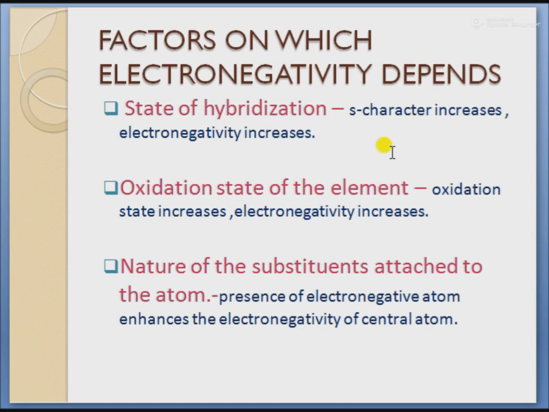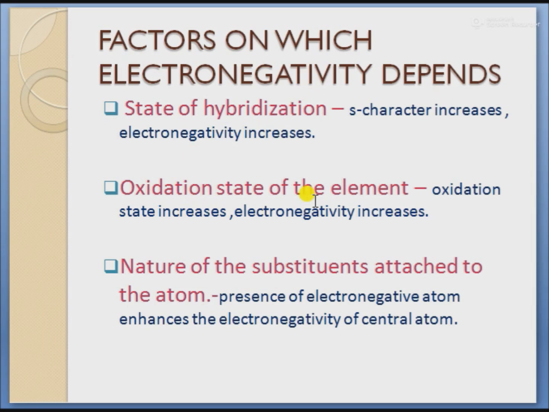Next are the factors on which electronegativity depends. First is the state of hybridization. Hybridization means mixing of atomic orbitals to form hybrid orbitals of identical shape and the same energy. When the s character increases, the electronegativity of the atom increases.